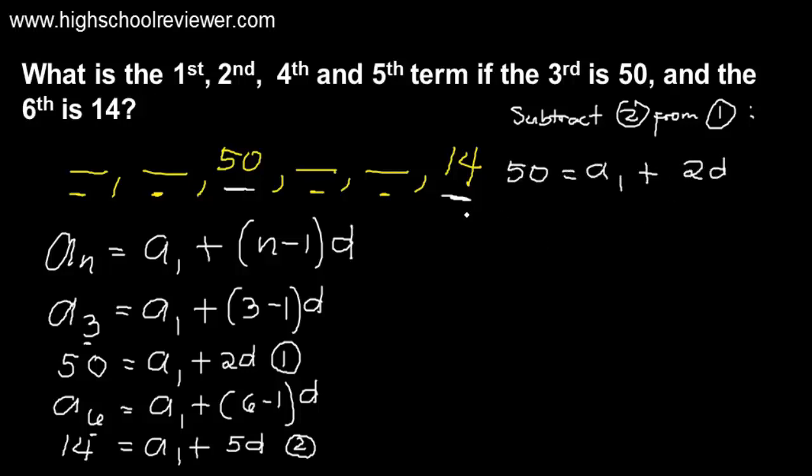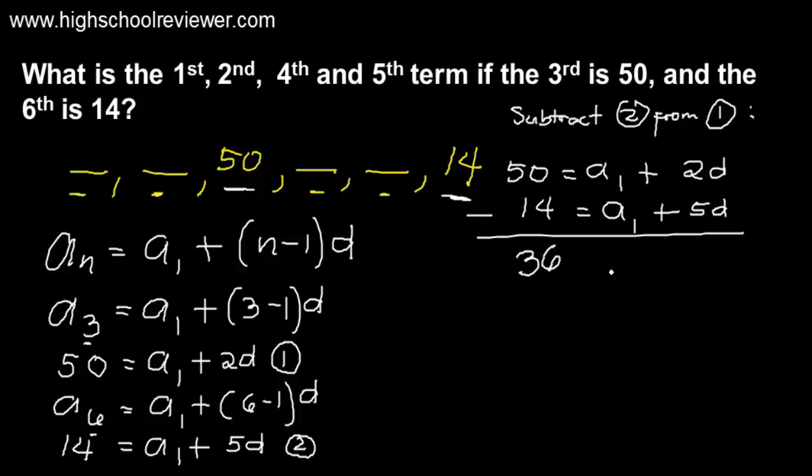Subtract 14 equals a sub 1 plus 5d. So subtracting, we have 50 minus 14, which is 36. And a sub 1 minus a sub 1 is 0. Positive 2d minus positive 5d will be negative 3d. So 36 equals negative 3d.